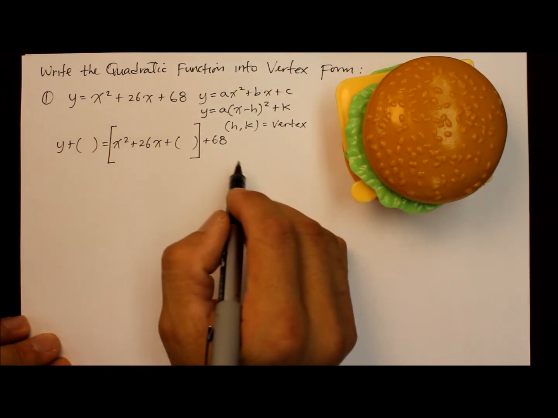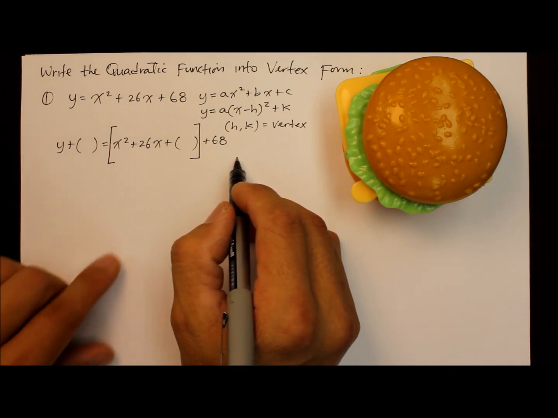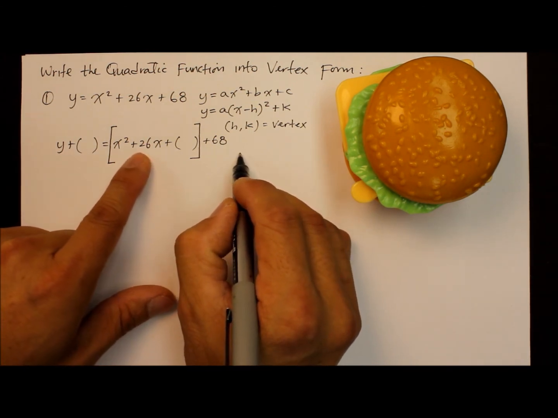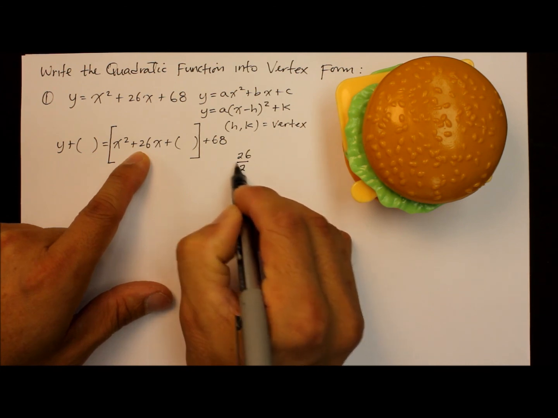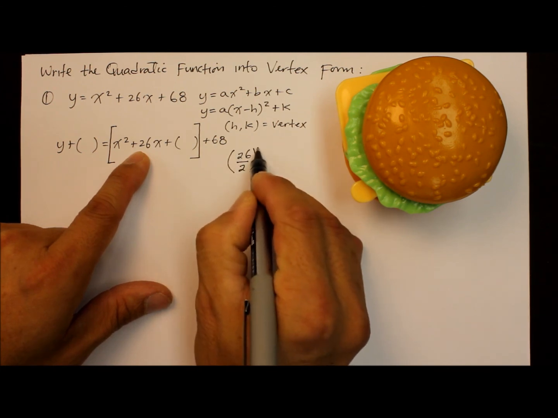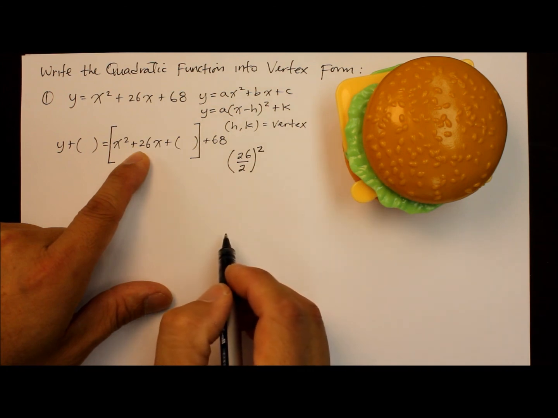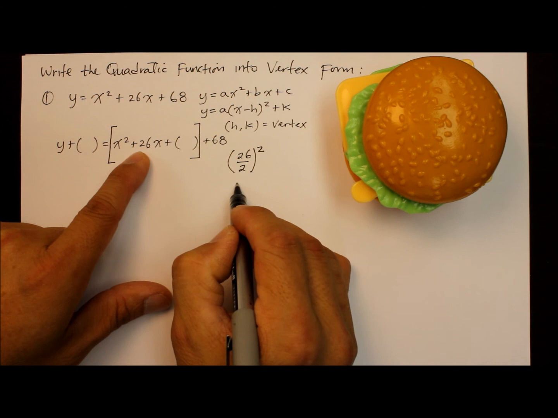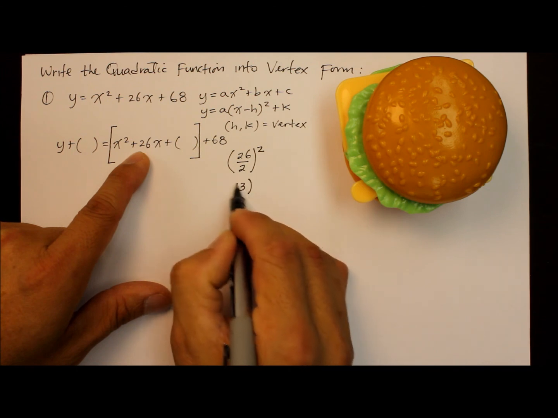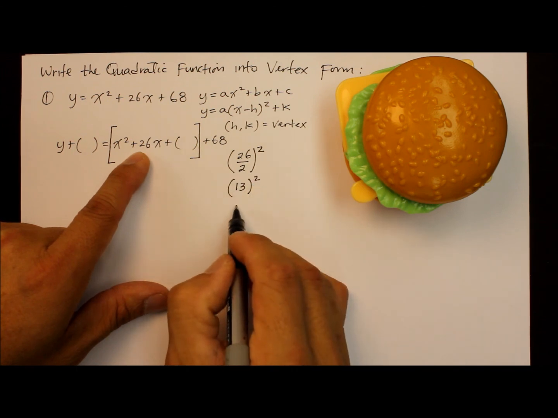And to do that, you have to first identify the b, and the b is the 26. And whatever the b is, you take half of that, or divide it by 2, and whatever you get, you square it. So 26 divided by 2 is going to be 13. And when you square that, I believe it's 169.